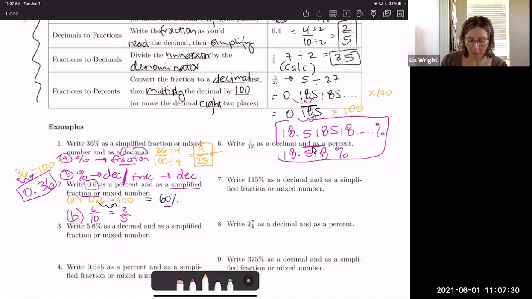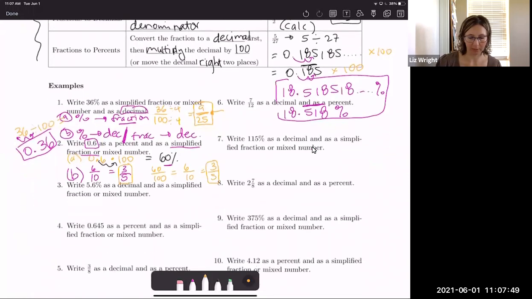If you did that, you would have instead gotten 60/100. And then maybe you divide by 10, and then you get 6/10, and then you divide by 2, which is going to give you 3/5. So you're going to get the exact same answer. Again, don't be afraid to try something different or do a different method. Just make sure you show your work, put your steps in there, and box up your answer.